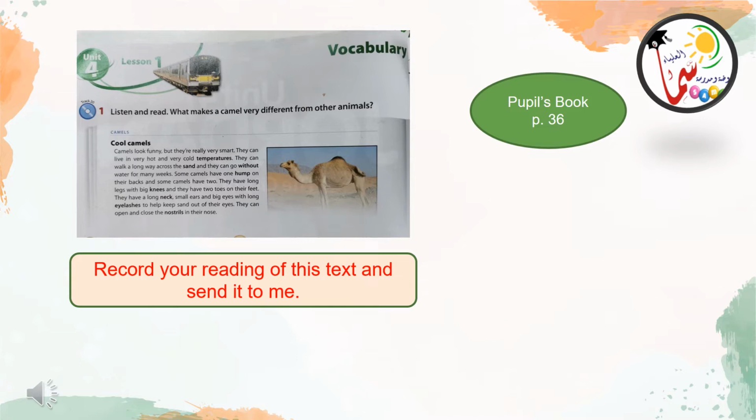Some camels have one hump on their backs, and some camels have two. They have long legs with big knees, and they have 2 toes on their feet. They have a long neck, small ears, and big eyes with long eyelashes to help keep sand out of their eyes. They can open and close the nostrils in their nose.